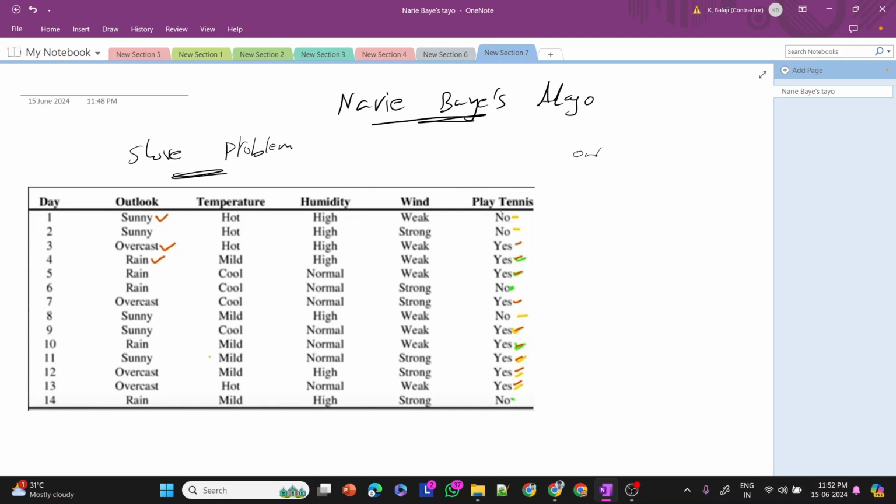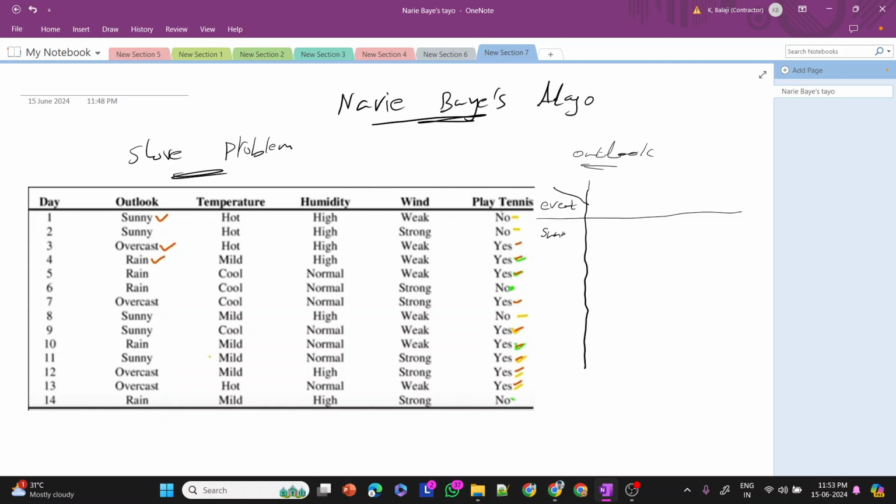Let's take outlook. This is the event. In outlook, there are totally 3 categories: sunny, overcast and rain.